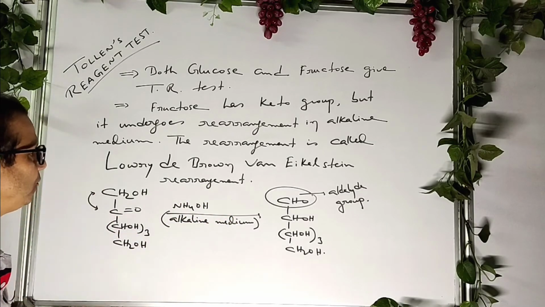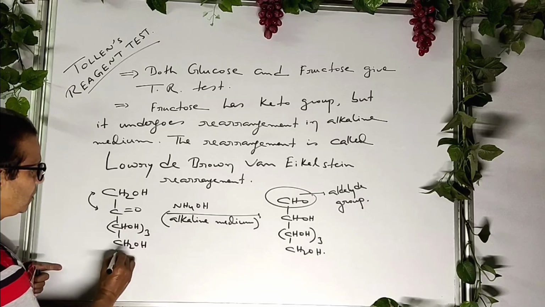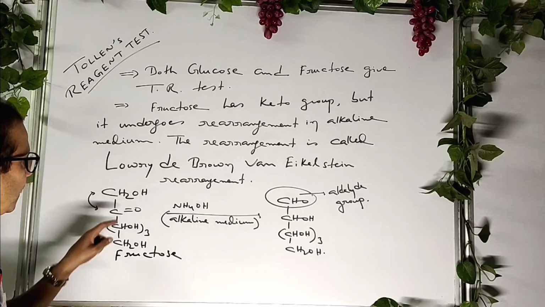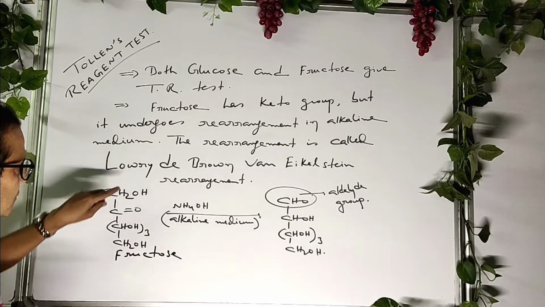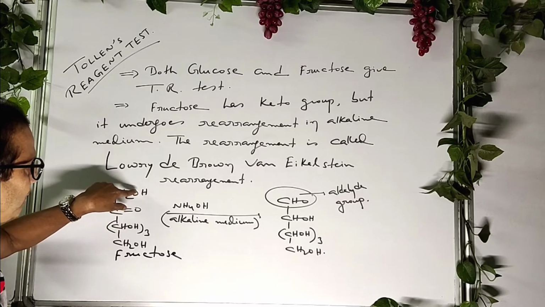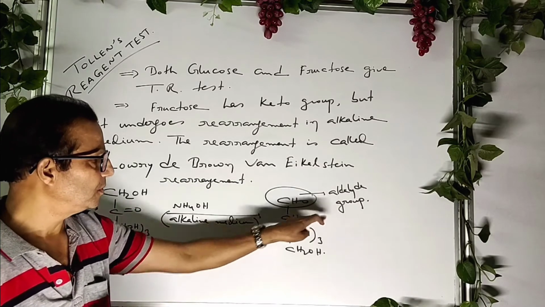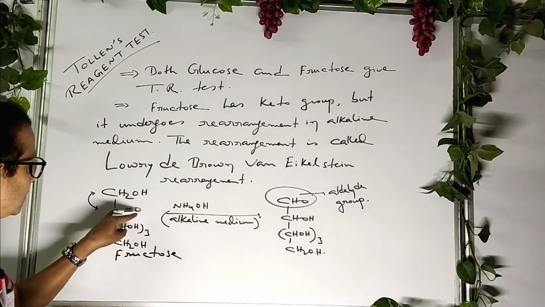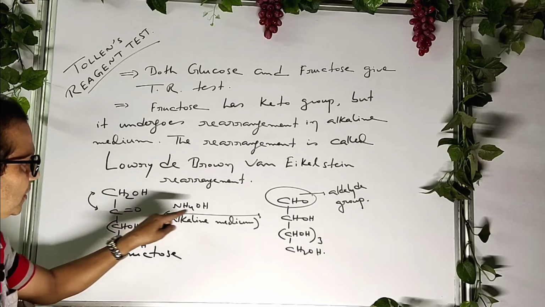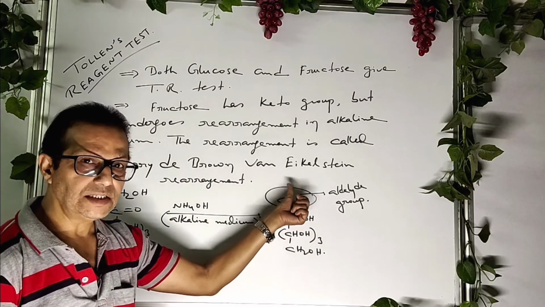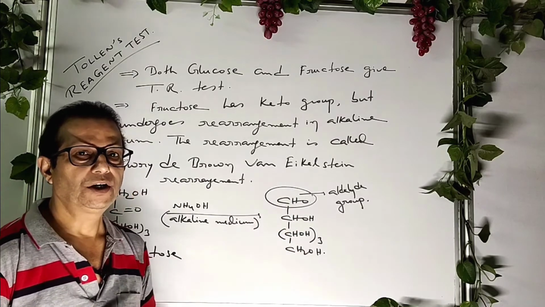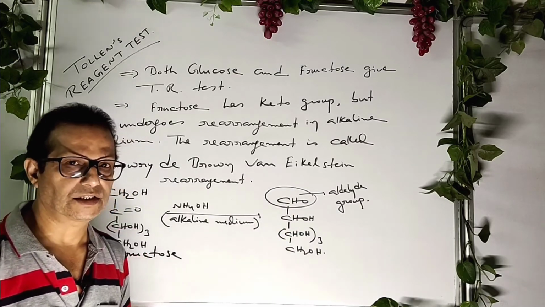This is the structure of fructose. The two hydrogen atoms shift here. So in upper part you get aldehyde group and the next carbon becomes CHOH. Shift one hydrogen, shift other. Due to the presence of this aldehyde group, actually fructose gives a positive Tollens reagent test.